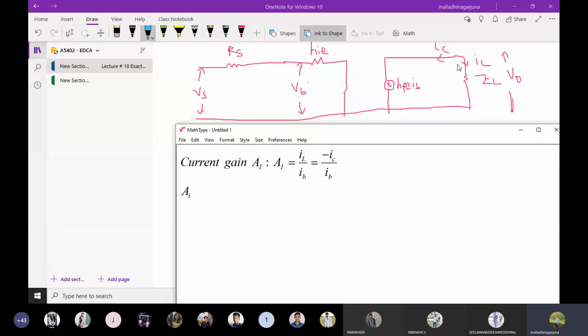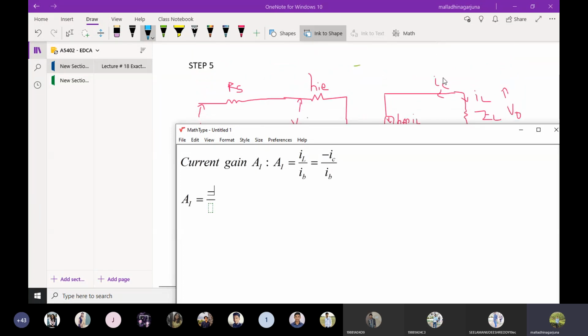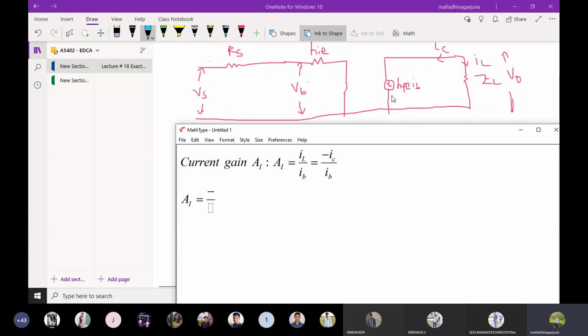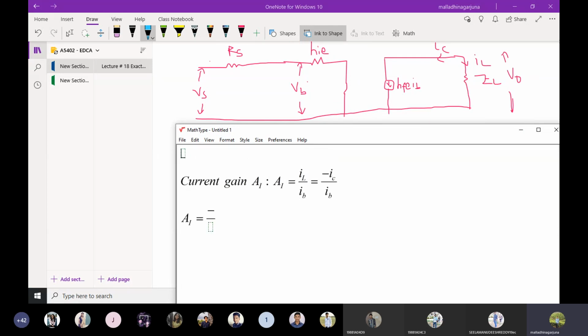From the circuit, what are the basic equations for the simplified H parameter model?